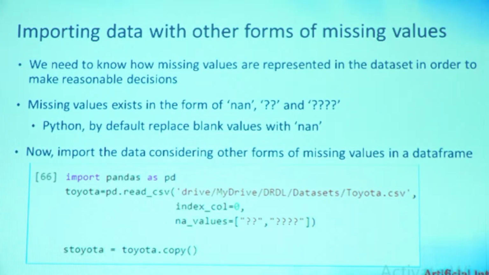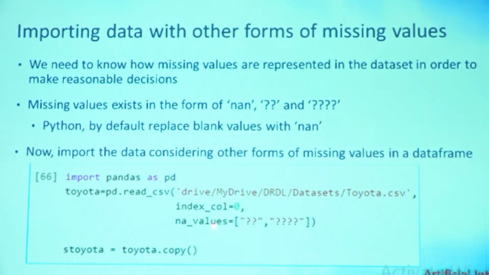So for that, while I read my data, just have a look at what I did. While I read my data, I bypassed my index column yesterday. You all remember this? 0th column I bypassed. Then what I am going to do here is add na_values, in addition to the already existing Na and NaN.